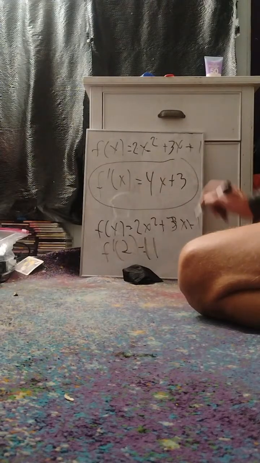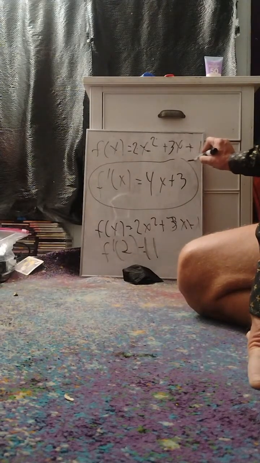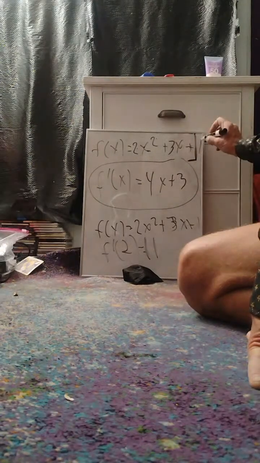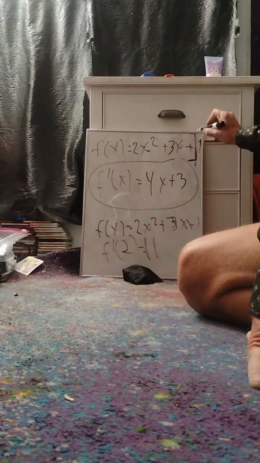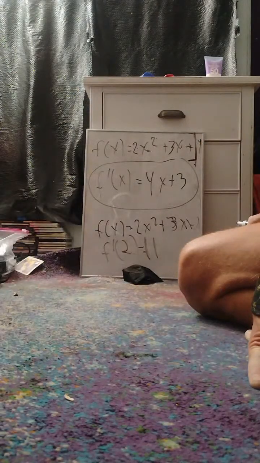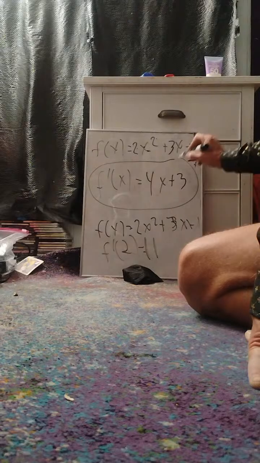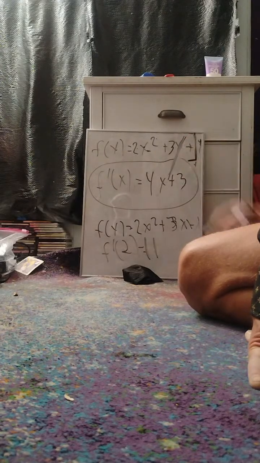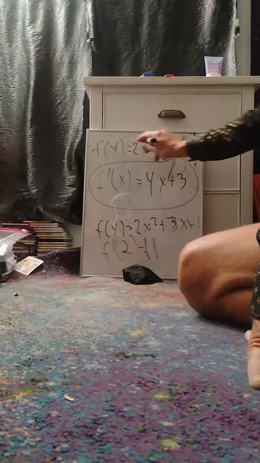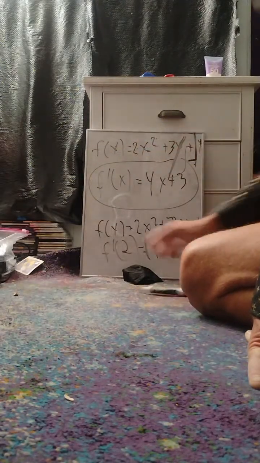That means that for every 1 x moving forward, there are 11 going upward, because the slope is the rise over run, the height of the motion divided by the length of the motion. So that's a pretty high slope. It means it's going up like that. 11 over 1 would be the slope at the point x equals 2 of this function f of x equals 2x squared plus 3x plus 1.